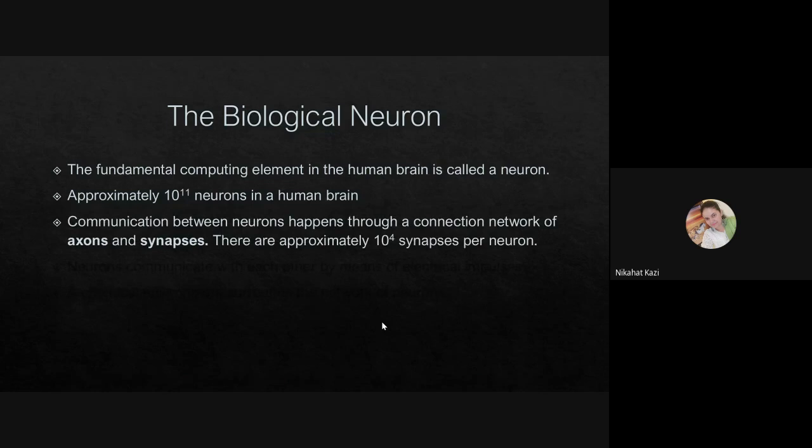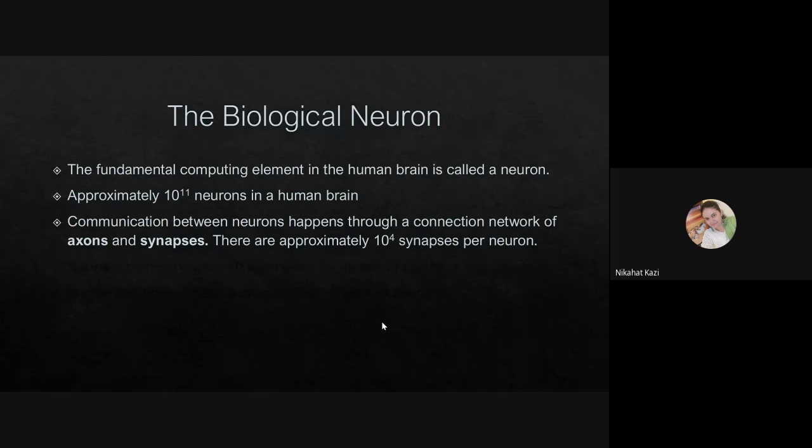Communication between neurons happens through a connection network of axons and synapses. And approximately there are 10 raised to 4 synapses per neuron.